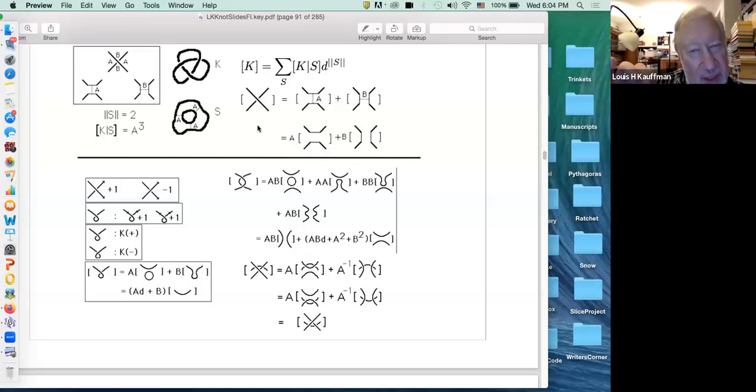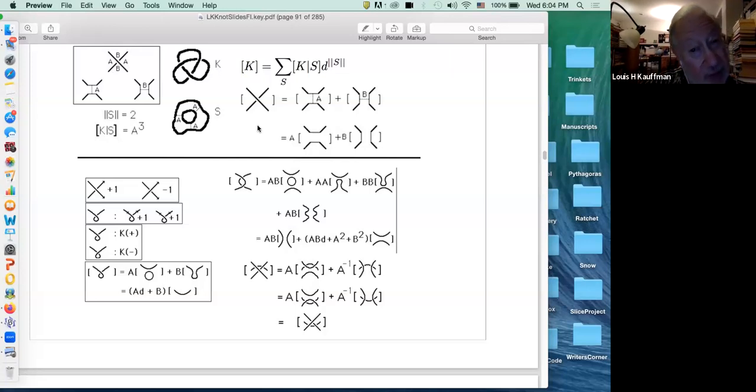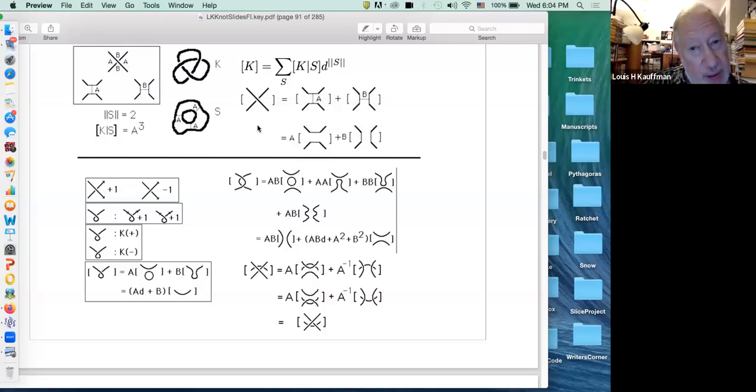But in any case, we can tell that a knot is knotted as long as it does not get the loop value, all right? But the fact of the matter is that no one has ever found a knot that got the loop value that wasn't in fact unknotted. It does seem like a reasonable conjecture, at least on the basis of some evidence that we do have of thousands of knots, that the bracket polynomial detects knottedness.